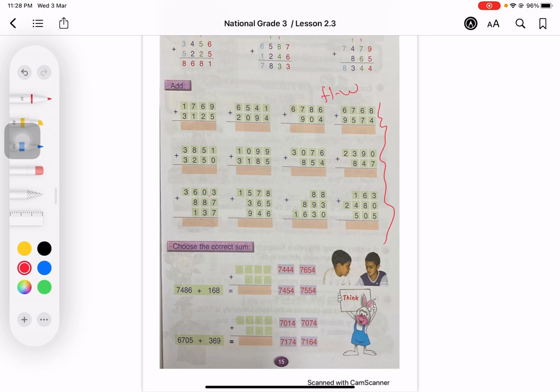So you will go, for example, 7 plus 7, 14, 14 plus 3, 17, 7, and 1 above the tens. 1 plus 0, 1, 1 plus 8, 9, 9 plus 3, 12, 2 and 1 above. Okay, 1 plus 6, 7, 7 plus 8, 15, 15 plus 1, 16, 1 above the thousands, 1 with 3, 4.